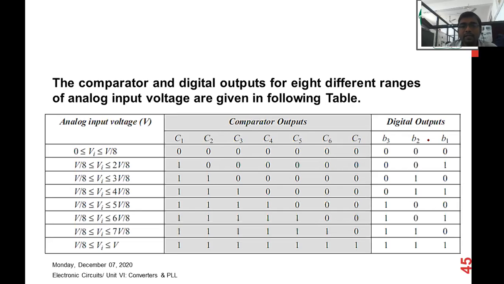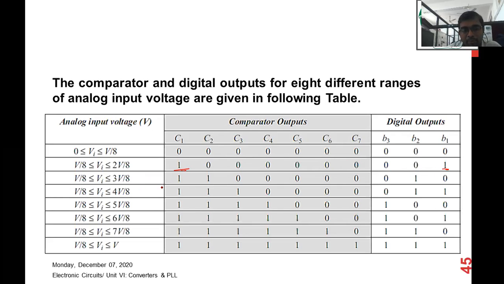But as you increase the input voltage across each resistor of the dividing network, one by one your comparators go into the positive saturation state. Initially, when the input voltage is between V/8 and 2V/8, C1 would be 1 and the rest would be 0, so finally B1 would be 1 and B3 and B2 are 0 0.